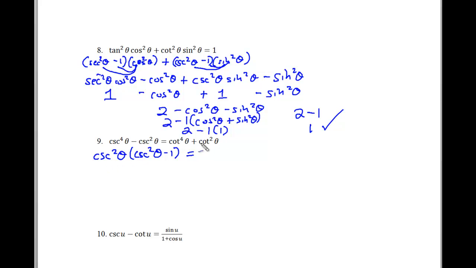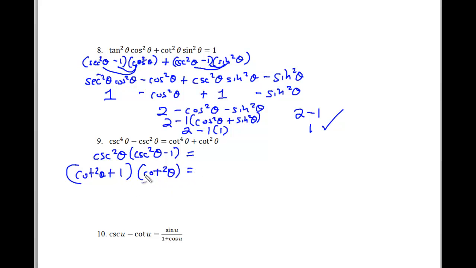And I'm going to keep writing, keep trying to manipulate this to make it look like this expression over here. And we know that cosecant squared theta is equal to cotangent squared theta plus 1. And we know that cosecant squared theta minus 1 is equivalent to cotangent squared theta.